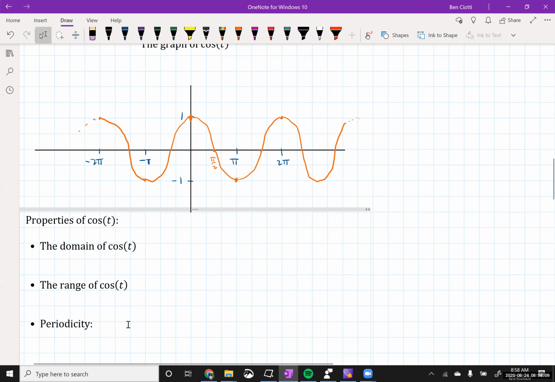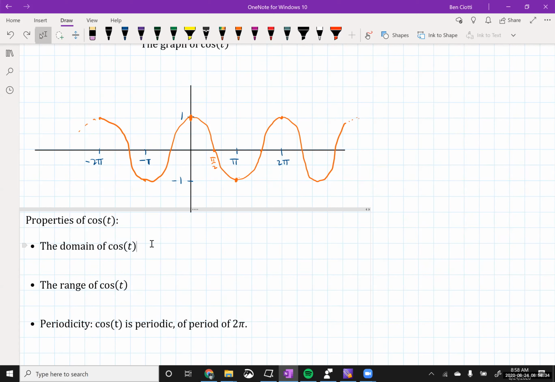We noticed one thing right off the bat. For the same reason as with sine, cosine t is periodic, and again of period 2 pi. And the domain of cosine is the same as the domain of sine.